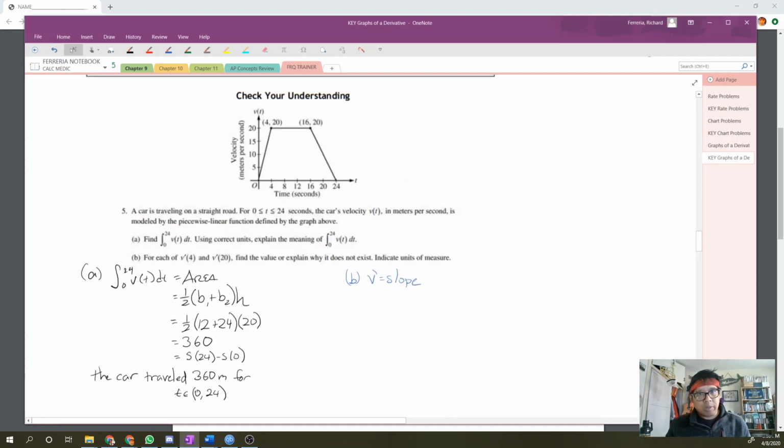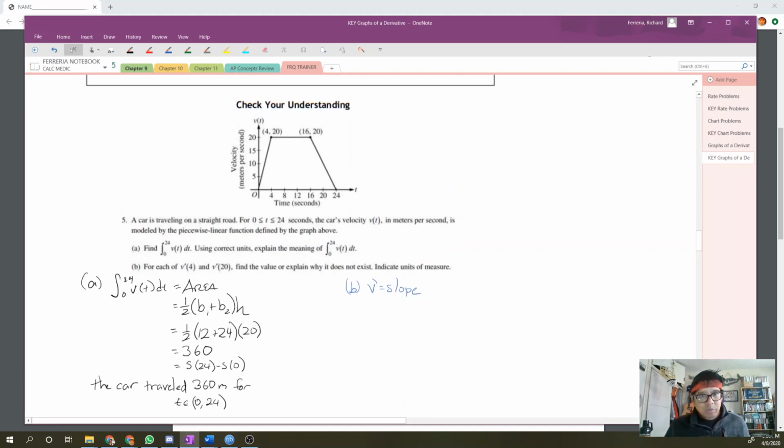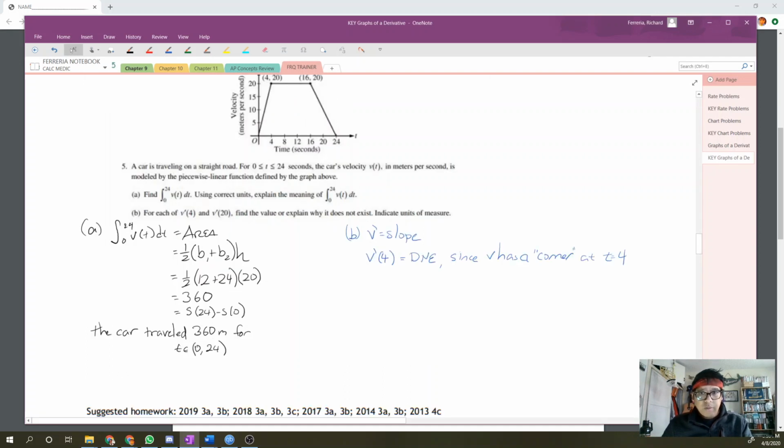I'm going to scroll up here a little bit. And at t equals 4, oh, look at that. At t equals 4, there is a corner. So does the derivative exist at a corner? No. Slope doesn't exist at a corner. So v prime of 4 doesn't exist, since v has a corner at t equals 4.